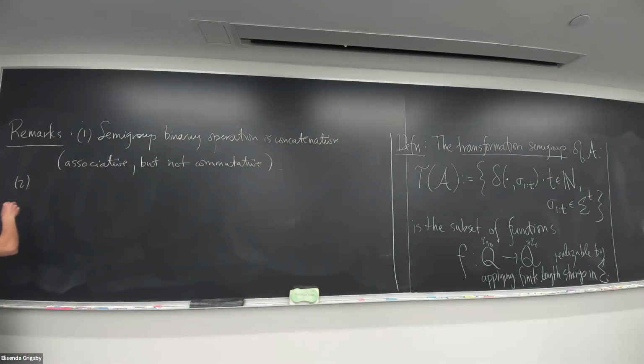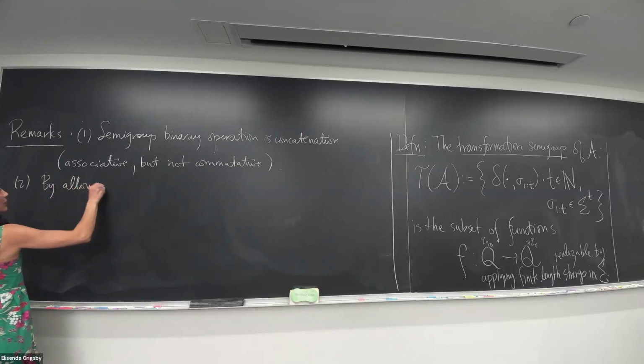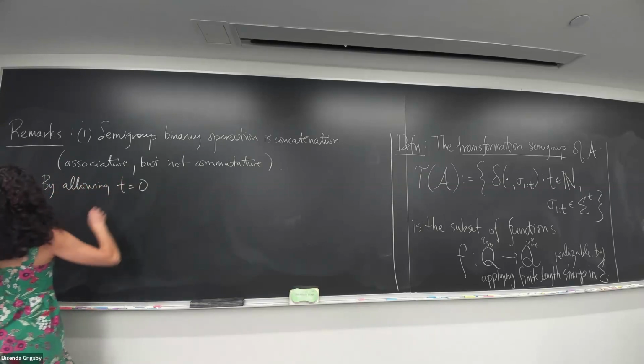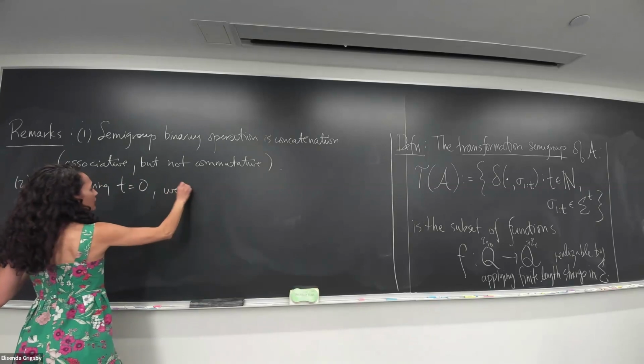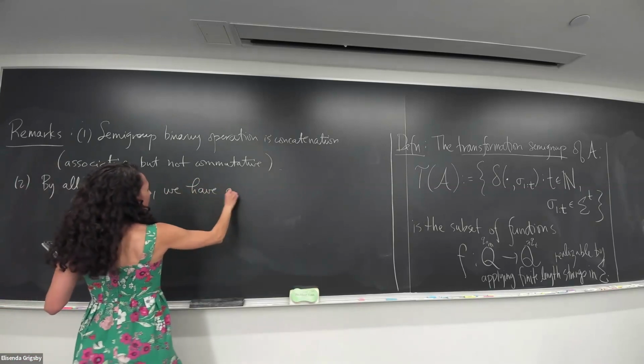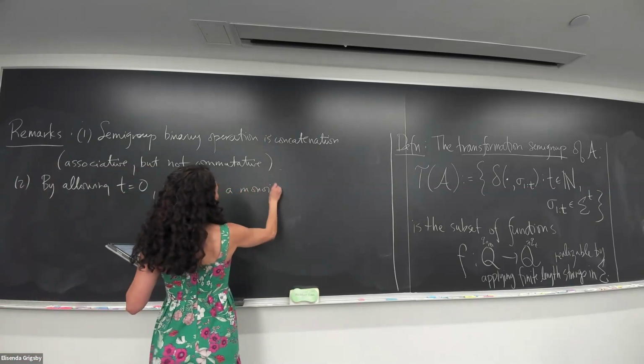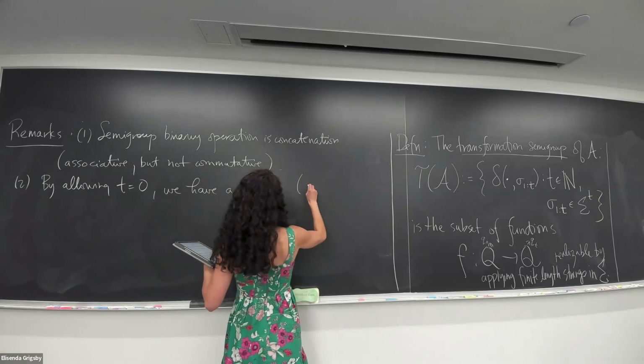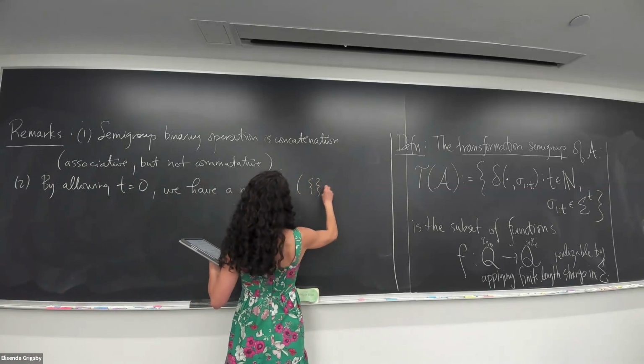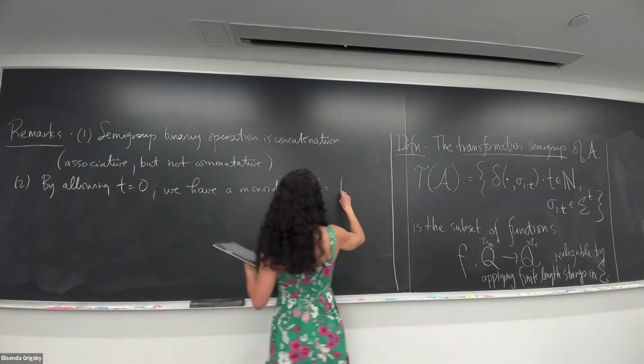And I said this, but I'll write it too. By allowing theta equal to 0, we have a monoid. The empty string is the identity.